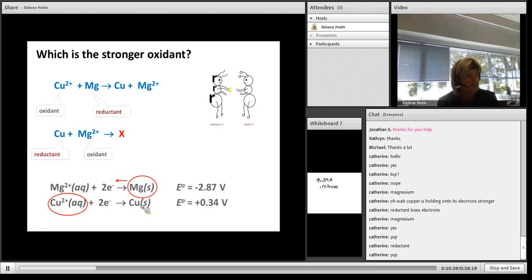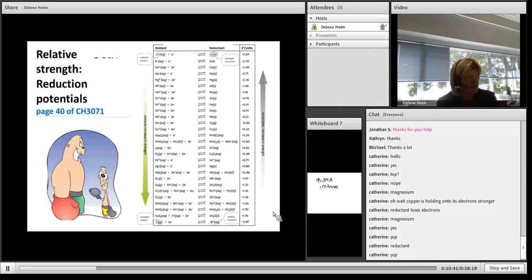So you get given a table like this. If this is the weaker oxidant, it is not going to be able to take electrons from a stronger oxidant. So you always need a stronger oxidant reacting with a stronger reductant.